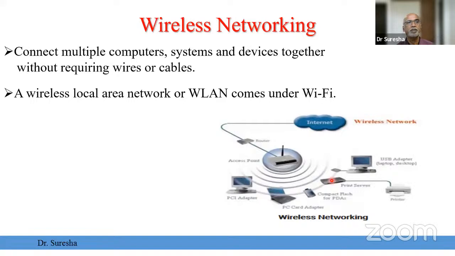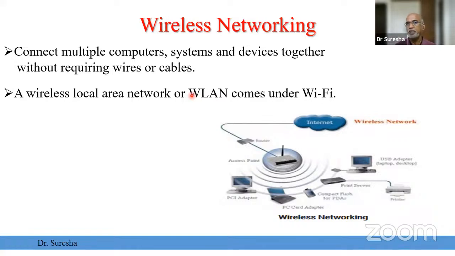satellite communications. It connects multiple computers, systems, and devices together without requiring wires or cables. So everything is wireless. A wireless local area network. That means no limitation on the number of systems connected in satellite communication. That is one word, or in consolidated form, you can say. Because sometimes even in our colleges, or many colleges, if all the systems are switched on, the speed drastically comes down.